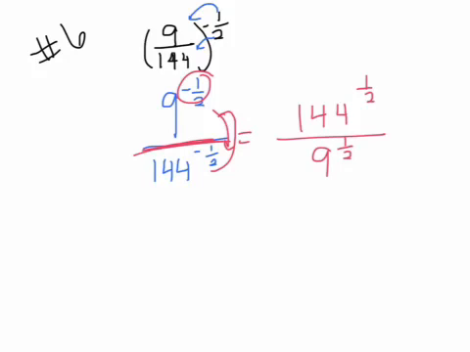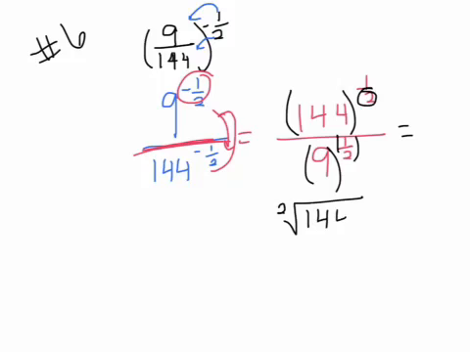Now, two ways you can do this. Put this in parentheses, raise it to the 1/2 power, and it will get you a number. Put this in parentheses, raise it to the 1/2 power, and it will get you a number. If you have an older calculator, this piece will have to go in parentheses too. Another way to look at this: this is the second root of 144.